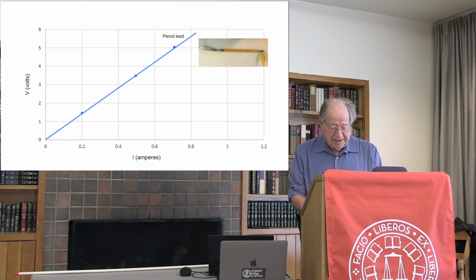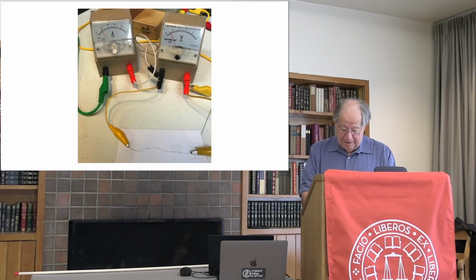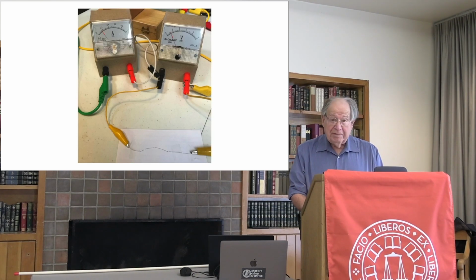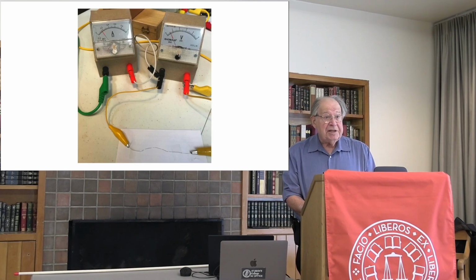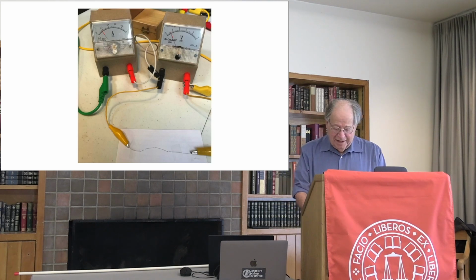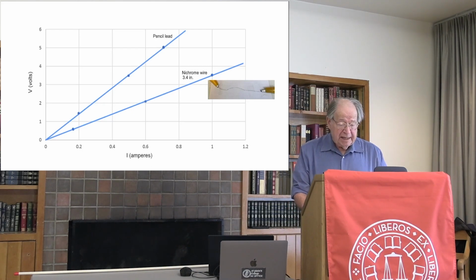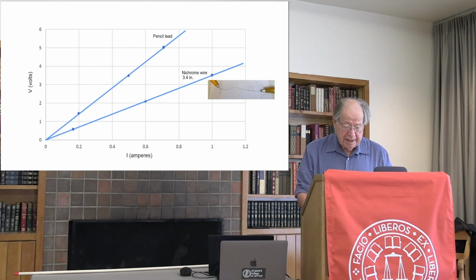Another conductive material is nichrome, an alloy of nickel and chromium. If we perform the same measurements on 3.4 inches of nichrome wire, we again get a straight line. But the slope of the line is smaller, meaning that less voltage was required to maintain the same current.